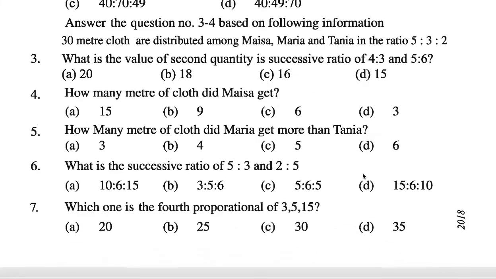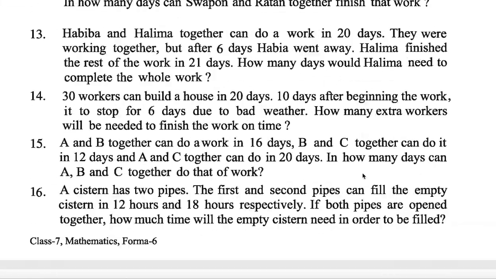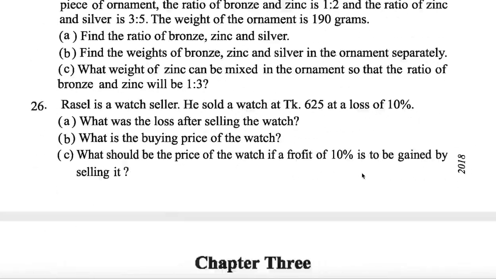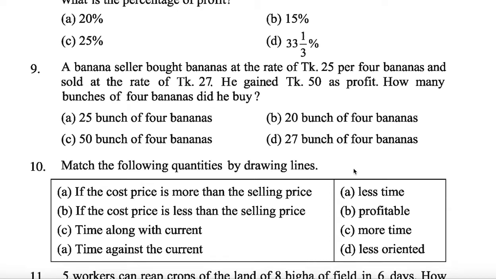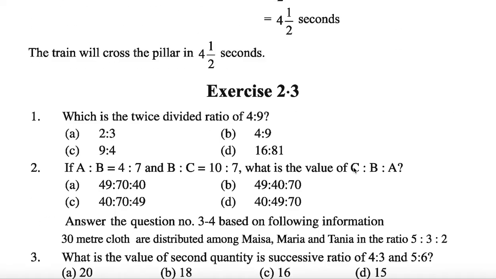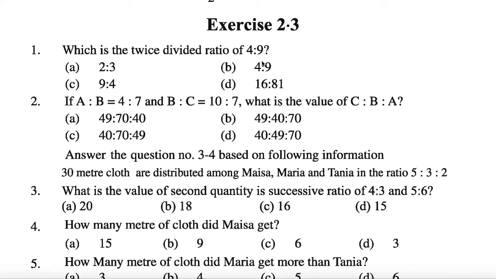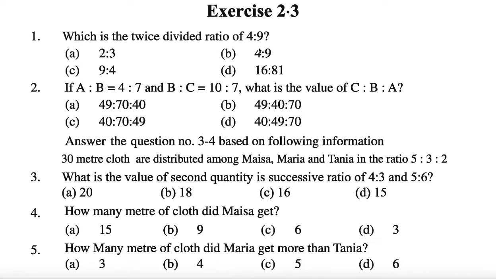Let's see the exercise part. This is the end of the chapter 2, right? All right, let's see what is there. Which is the twice divided ratio of 4 is to 9. 2 4 is 8, 2 9 is 18.